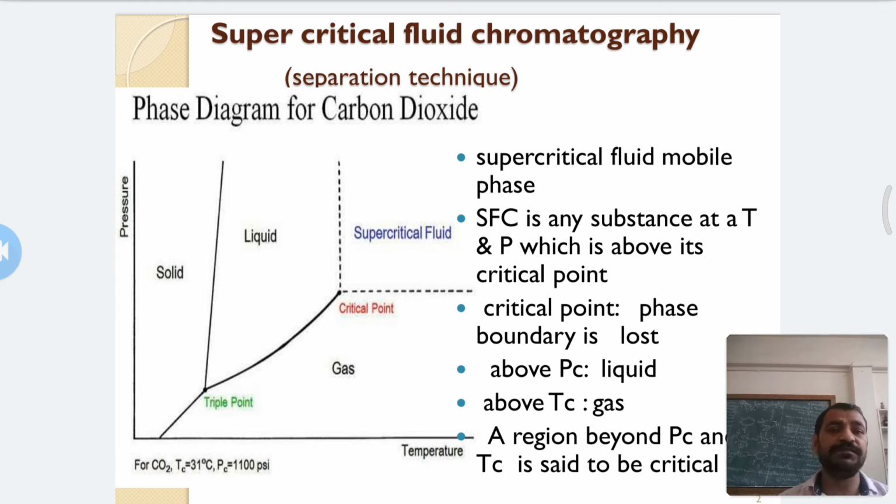Between the liquid and gas phases there is another phase, the supercritical phase.